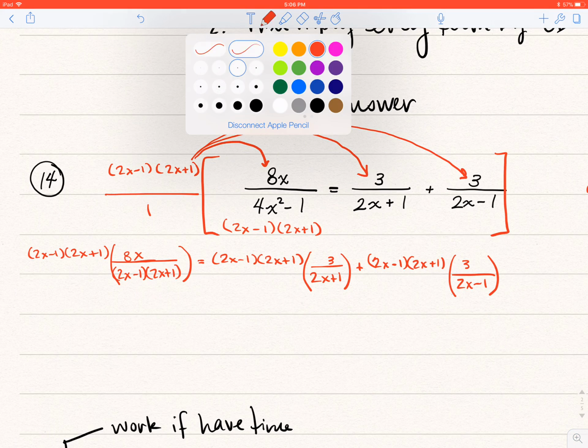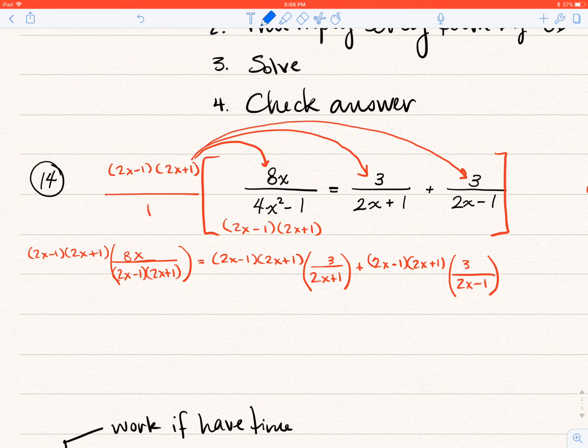I'm hoping you can start to see that some things will cancel. So over here, I have both of these guys up on top, but I have the identical things on bottom, so I can cancel 2x minus 1, 2x minus 1, and I can cancel 2x plus 1, 2x plus 1. For my next term, that's this whole piece here, I can cancel a 2x plus 1 on top and a 2x plus 1 on bottom.